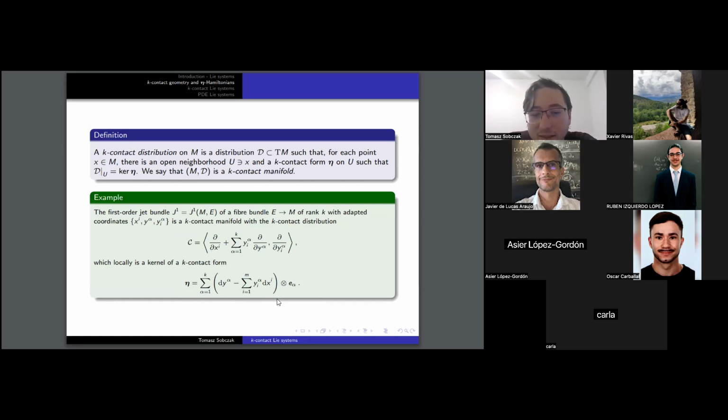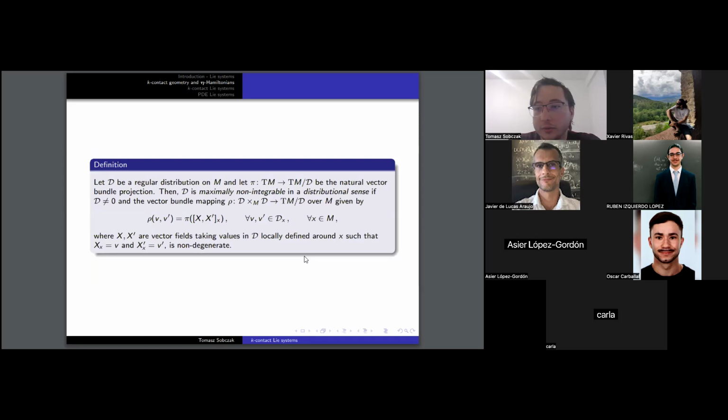One can see that this k-contact form fulfills the previous properties, and the kernel of it is exactly C. However, if one tries to find out whether this contact form is globally defined, it will fail, meaning it is not a globally defined k-contact form. So we cannot globally define the k-contact distribution. However, locally we can do it, and it makes the first order jet bundle a k-contact manifold, not co-oriented. So you can see that this distribution approach is more general and sometimes much more useful than the k-contact form one.